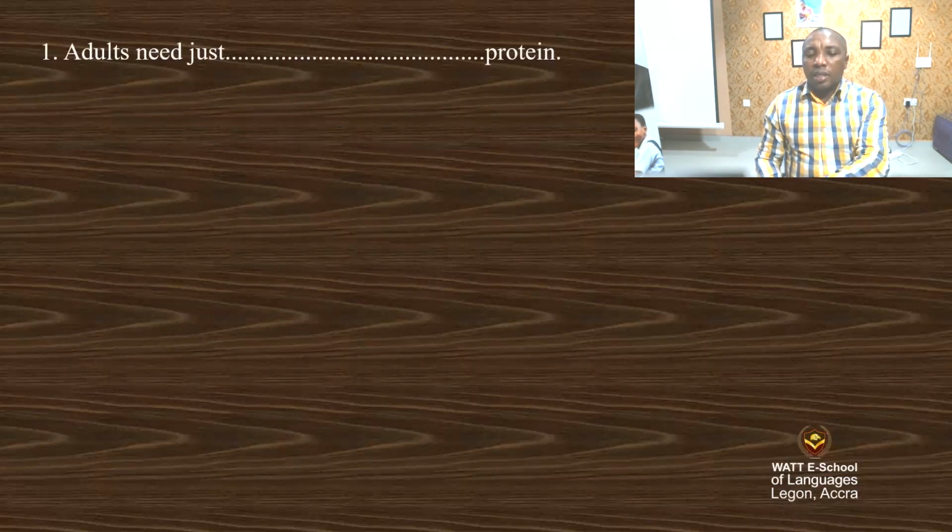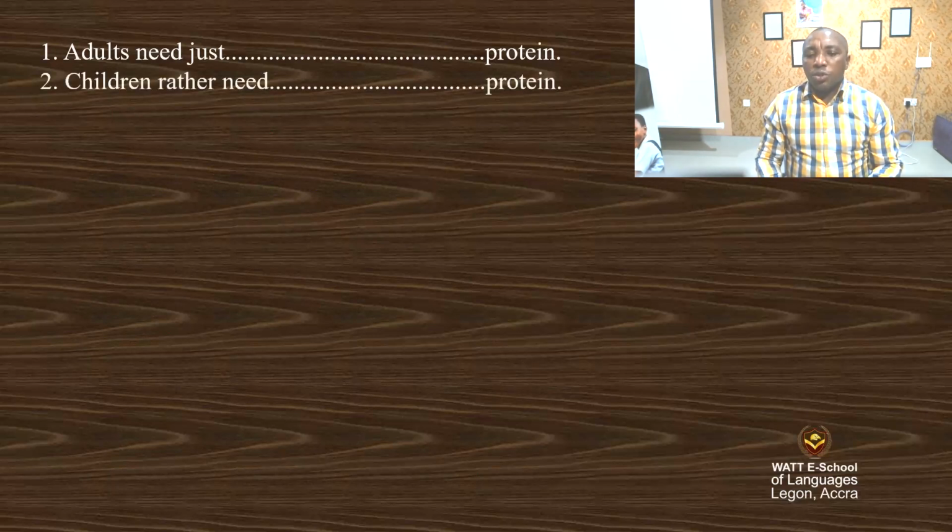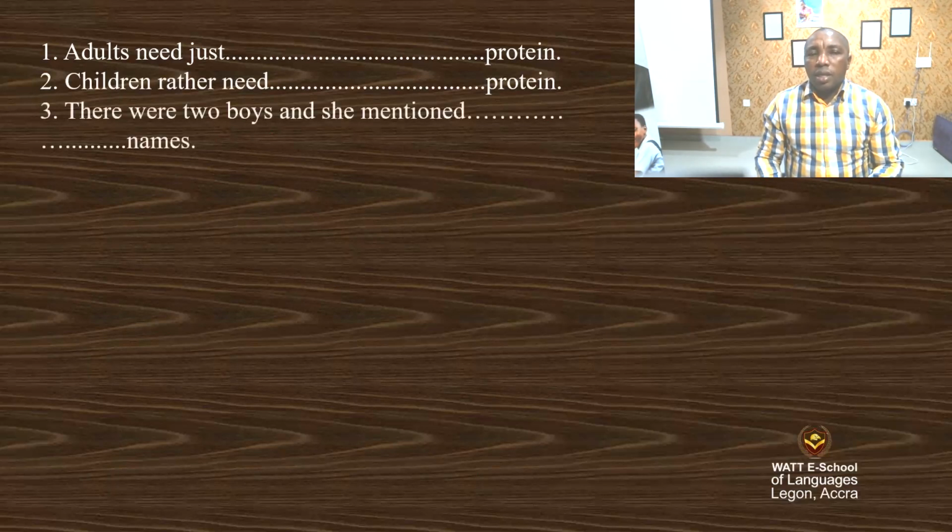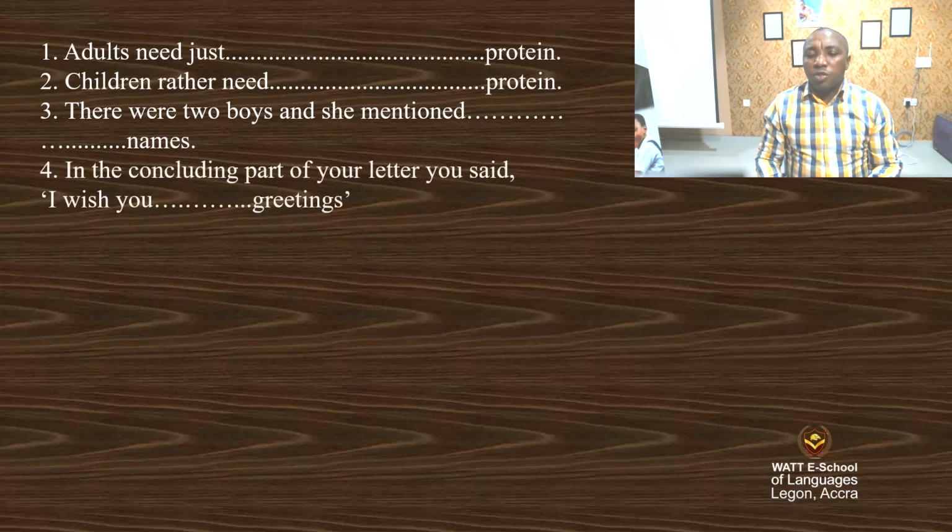We are reading the sentences. Adults need just protein. Children rather need protein. There are two boys, and she mentioned names. In the concluding part of your letter, you said, I wish you greetings. Boys are needed for this little job.